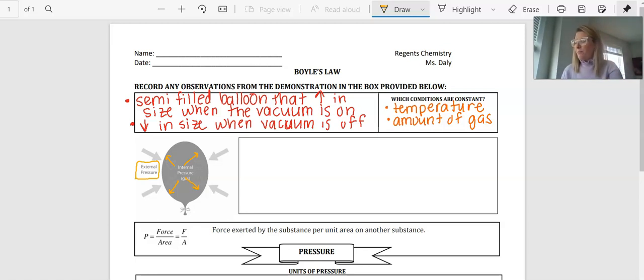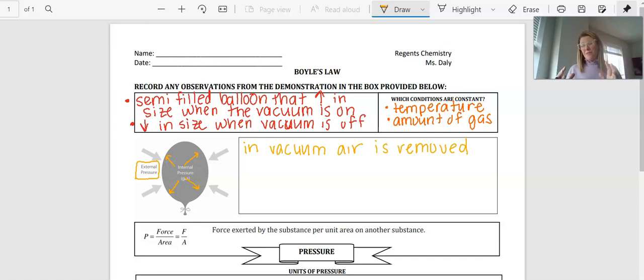So in a vacuum pump, the air is removed from around that balloon. What do you think happens to that external pressure caused by the air? If we remove all of the air, is that air pushing on the balloon anymore, or is it decreasing?